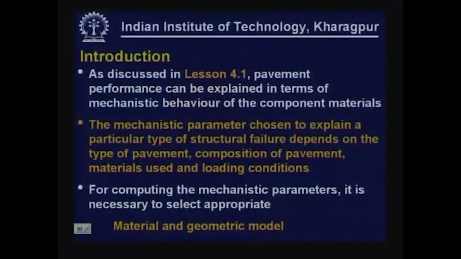The mechanistic parameters are chosen to explain a particular type of structural failure, because pavements are going to undergo various types of structural failures or other types of failures. So, we would be selecting different types of parameters to explain different types of failures.